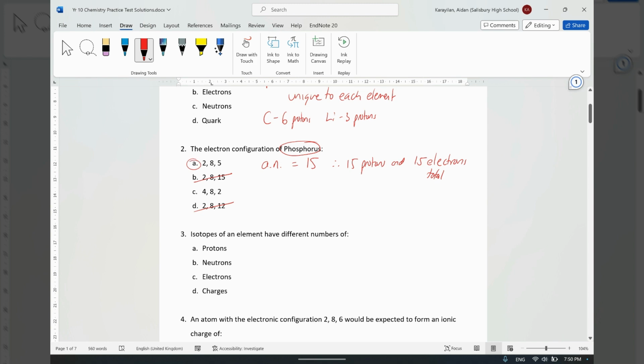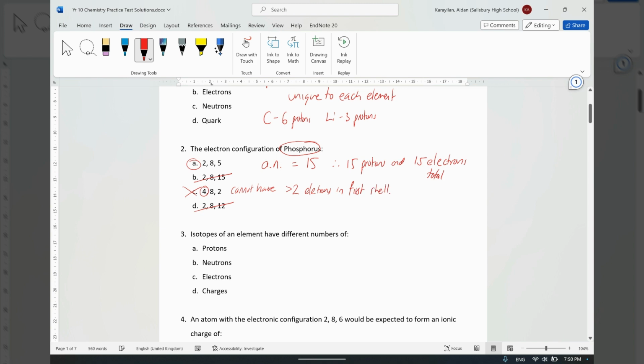But another reason, apart from the total number, that C is wrong is that number there. So this one here is also wrong. You cannot have greater than 2 electrons in the first shell.